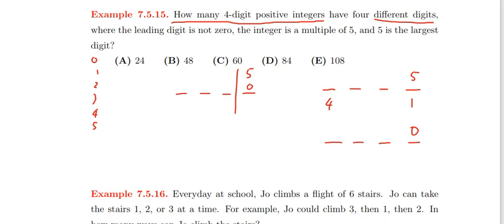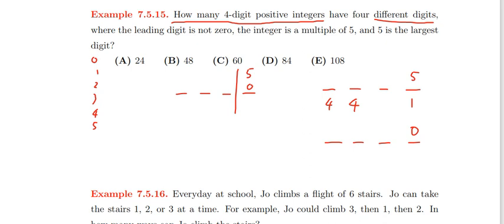Now we have these 6 numbers, but we cannot pick 5 and cannot pick the first one, so the next can only have 4 of them.